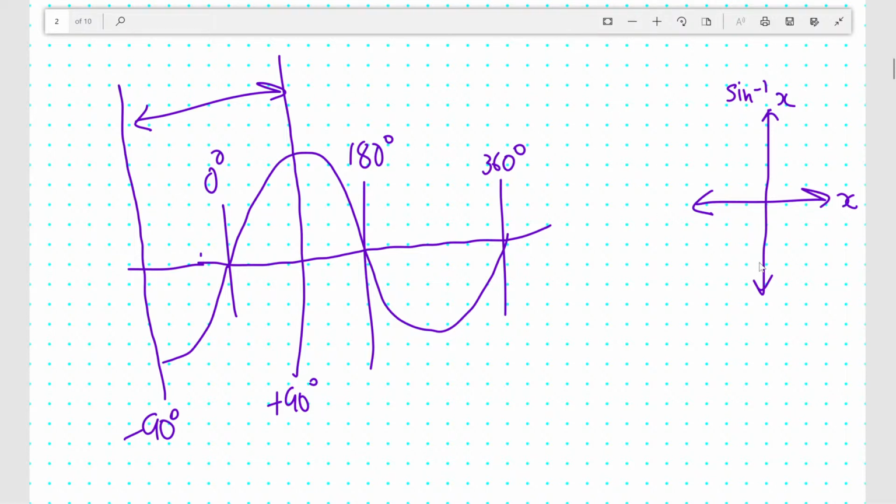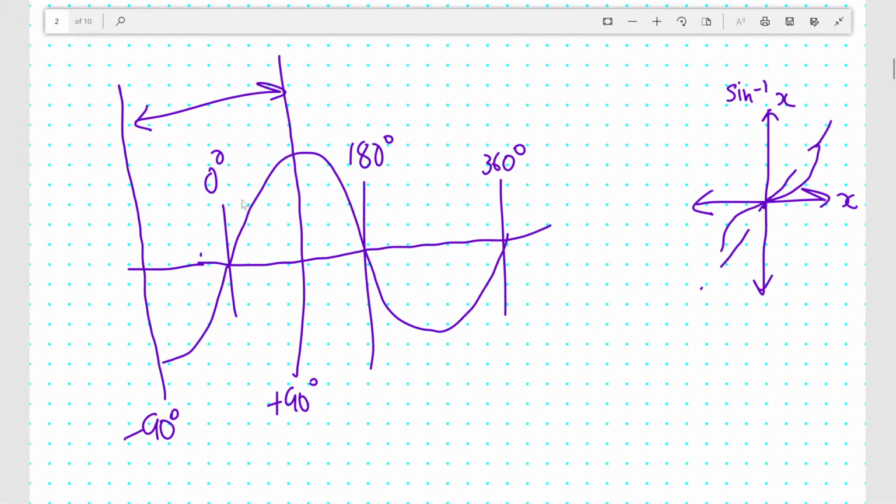But say you have just this portion of the graph here. When the inverse sine of something is negative, the graph's going to look like this. It's just one cut out portion of a sine wave, flipped along this line here because we're taking the inverse of it.